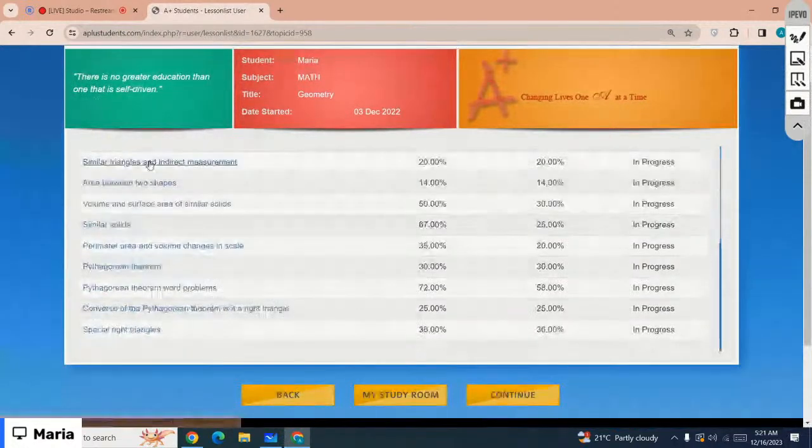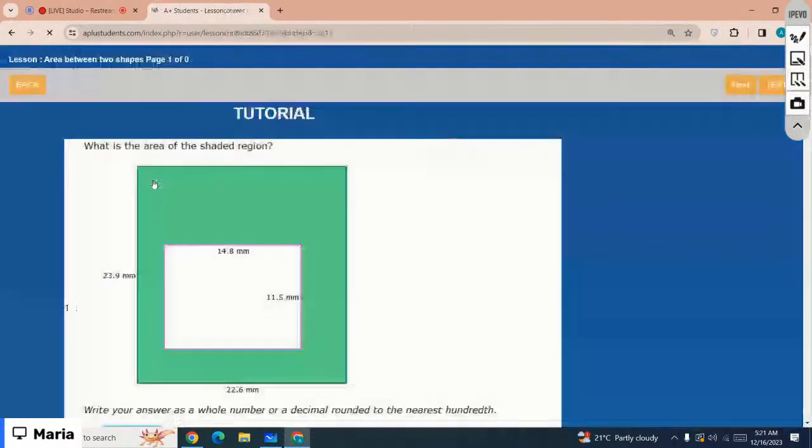Area between two shapes. Okay, you can see here you are given two shapes, one of them inside the other one, right? And the question is you need to find the area of the shaded region. How do you find it? Basically, you need to remove the area of the white shape from the bigger shape. Got it?